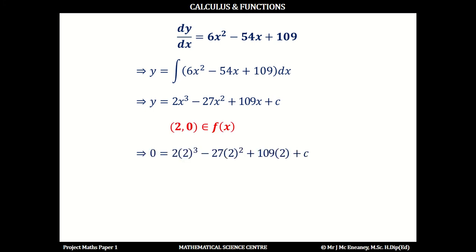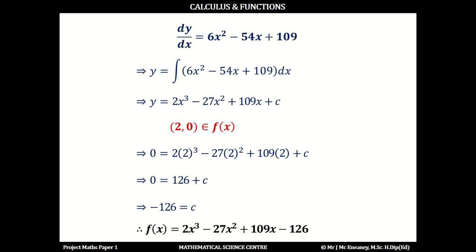So 0 then equals 2 times 2 cubed minus 27 times 2 squared plus 109 times 2 plus c. And using a calculator, the first 3 terms simplify to 126. So this means the c value equals minus 126. So the original cubic f of x does equal 2x cubed minus 27x squared plus 109x minus 126.